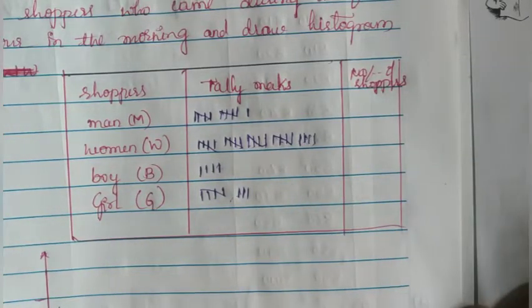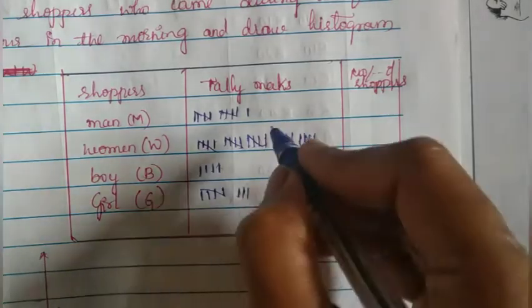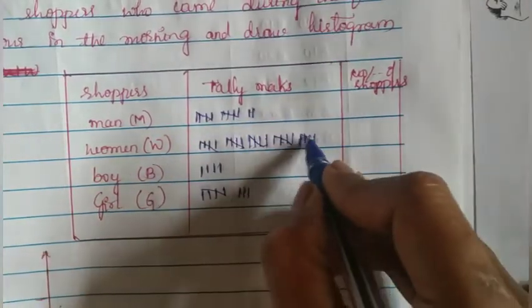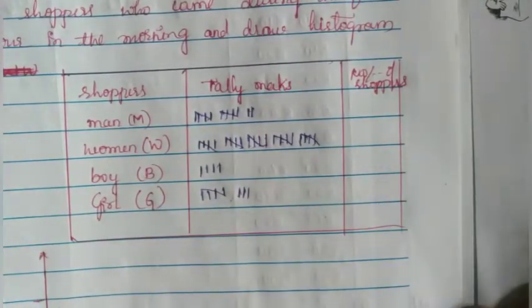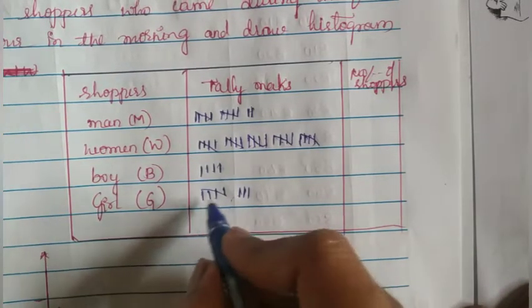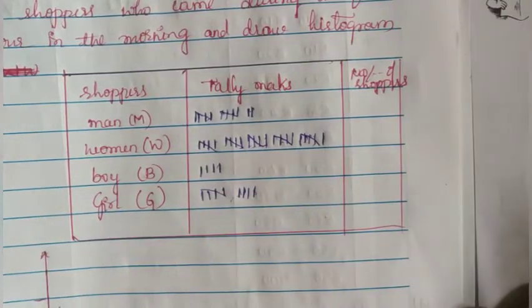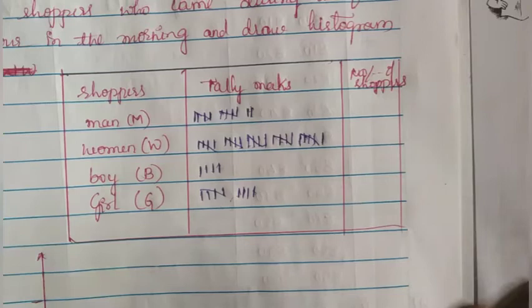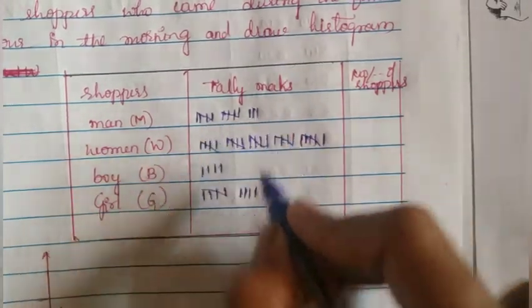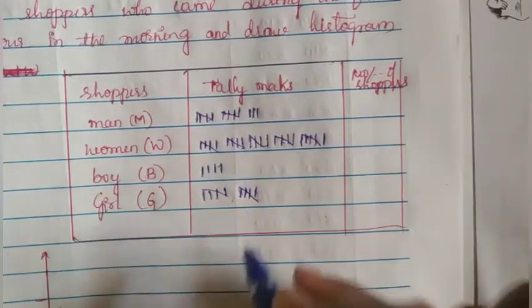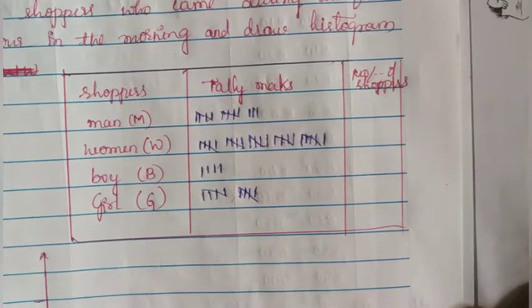Next after that M. W. M is here. Another one W is here. Next G. W. Next G. W. G, W. Next M. G. Next is M. Next is G. Next G, M.